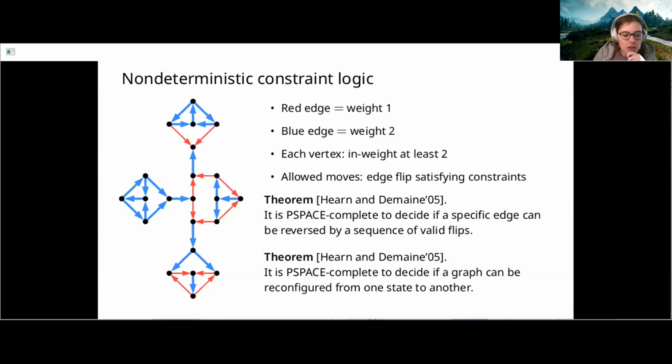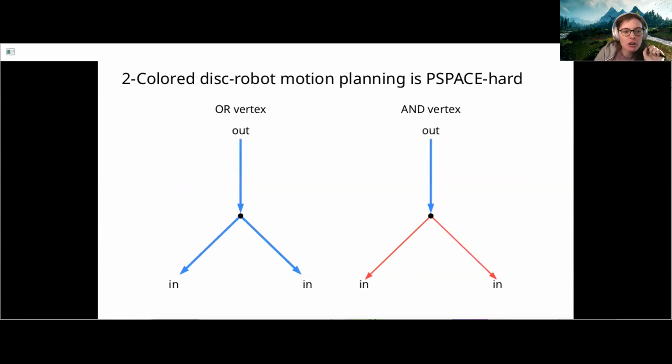Okay, so there is furthermore a restriction on the vertices. So we only need to consider 2 types of vertices in the graph. The problem still will remain PSPACE-hard. So we have an OR vertex or an AND vertex.